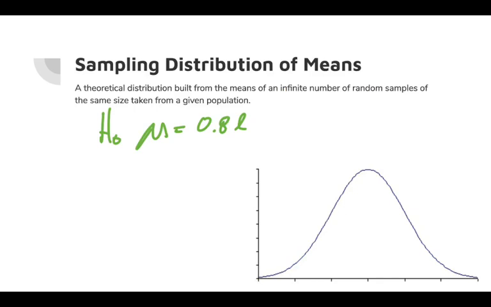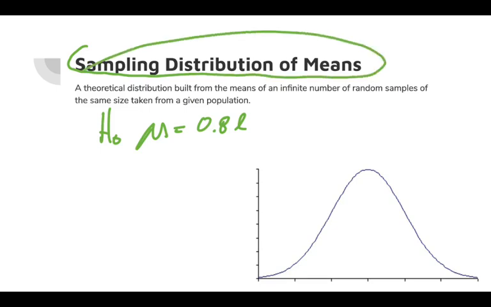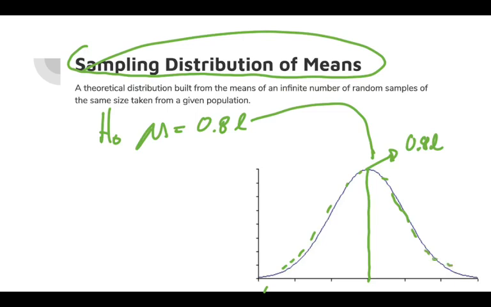So what we need to do is build this theoretical sampling distribution of means around an average. I set the average of this to be 0.8 liters. Let's pretend that the thing I don't want is the actual case, that the true average is 0.8 liters. So I can build my sampling distribution around this idea. That's kind of where we're starting.